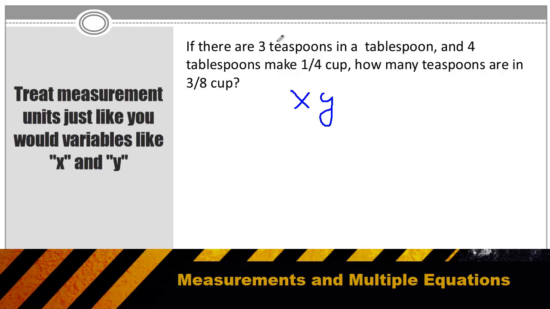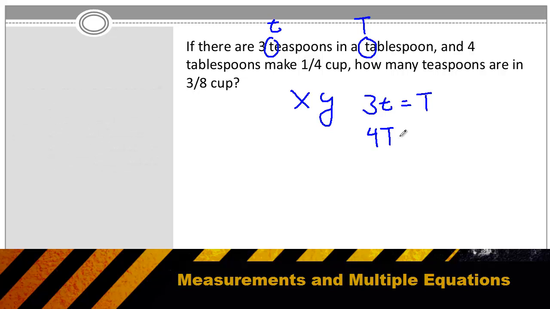In this case, it's a little annoying because I have teaspoons and tablespoons that both begin with the letter T. But I'm going to make a conscious effort to describe them and what they stand for, so I will call teaspoons little t and tablespoons big T. From there I could write the equation that 3 little teaspoons is equal to 1 big tablespoon. And 4 big tablespoons, that's equal to 1/4 of a cup.